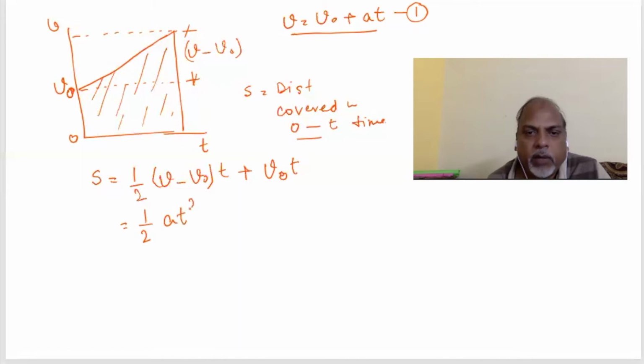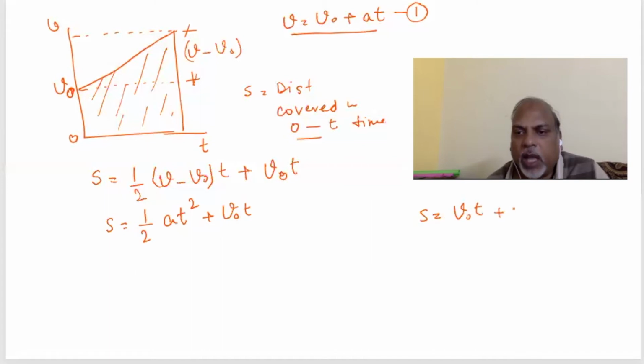Then it will become half at square plus v0 t. So this is our second equation: s is equal to v0 t plus half at square. Correct?